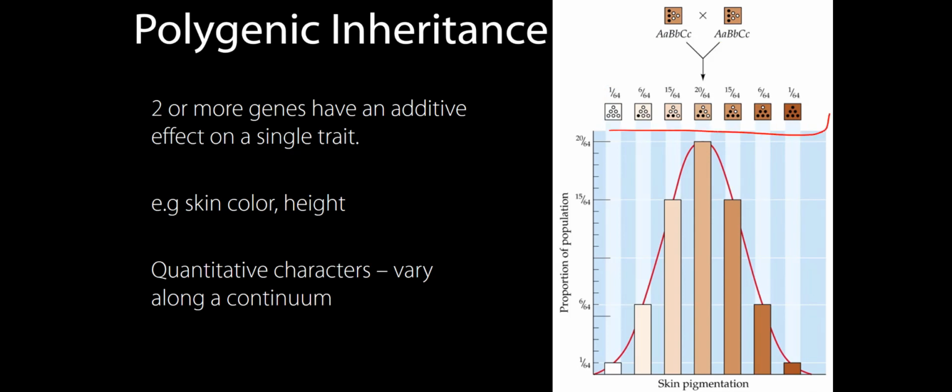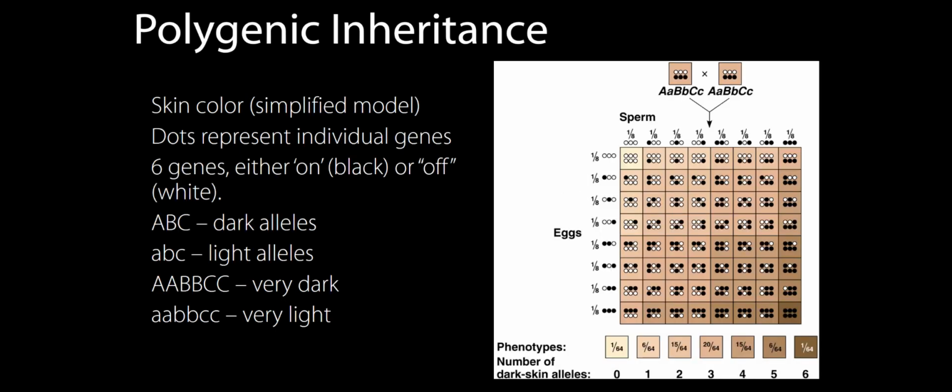These probabilities fall on basically a standard curve, or a bell curve, a normal distribution, as they say. And here's just another example of a Punnett square where we took the 6. So this is basically a trihybrid cross. You can see there's a total of 64 squares, and you can see the spectrum of skin tone.